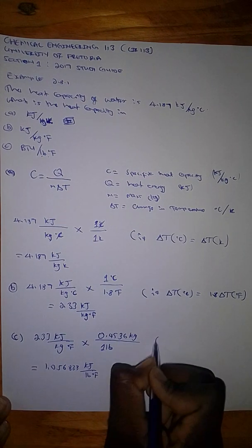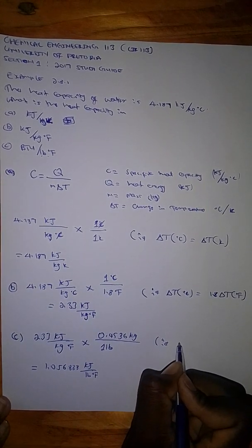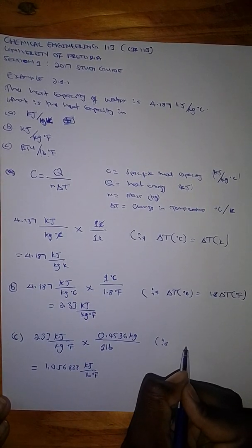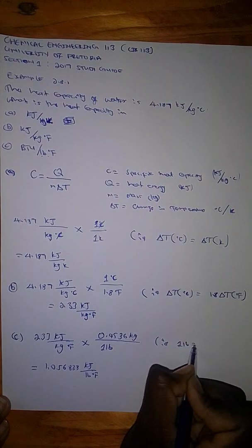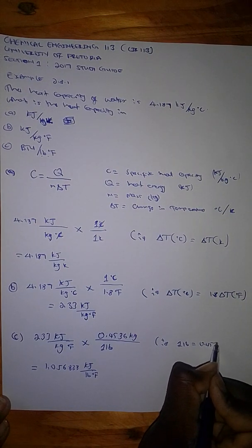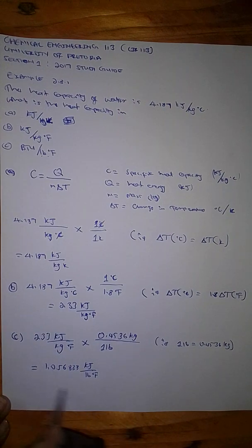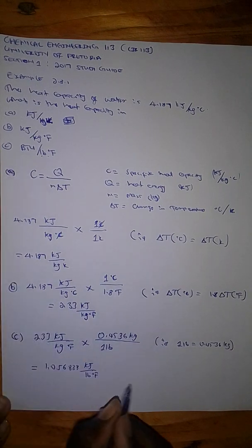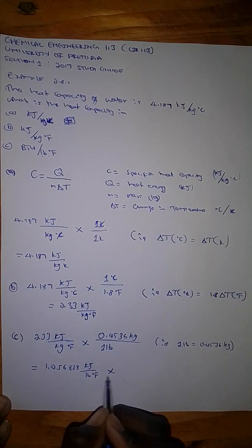Let me highlight here, just for the sake of following, that 1 pound is equal to 0.4536 kilograms. We only have the kilojoules left, so we're going to convert to BTU.